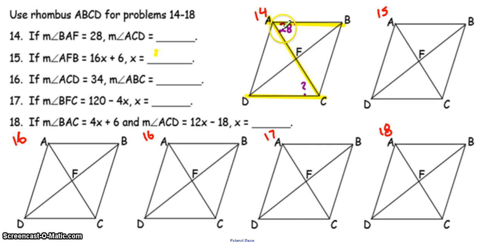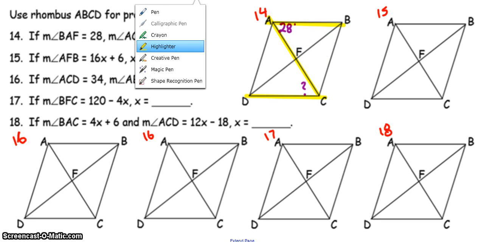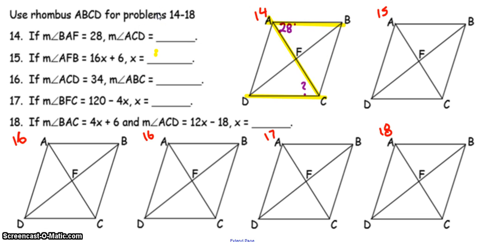Now, hopefully you remember that when we have two parallel lines and a transversal, the angle 28 degrees and this angle here are alternate interior angles, which means that angle ACD is also 28 degrees. They're congruent. 28 degrees for 14.